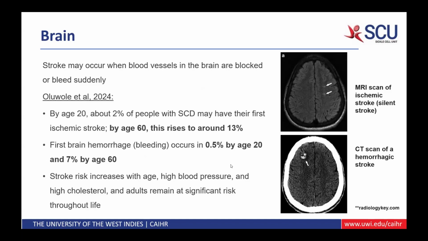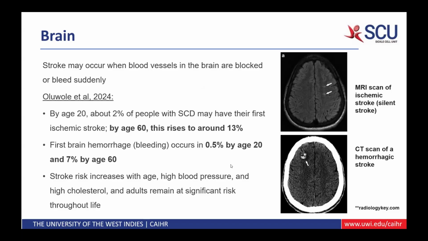In this very large study that they had in the United States, you can see that by age 20, about 2% of persons had their first stroke. And this is the type of stroke that's caused by blocked blood vessels. But by age 60, it rose to around 13%. So you can see that it's still definitely happening.